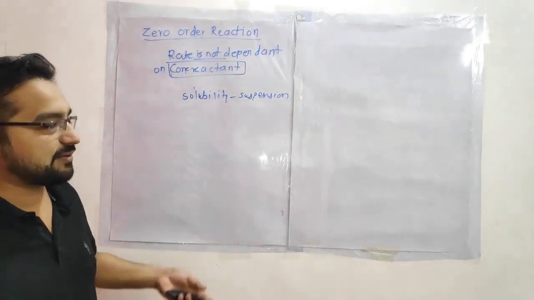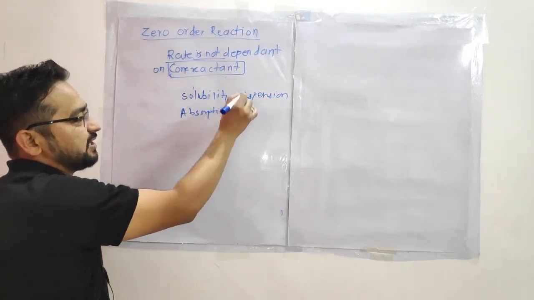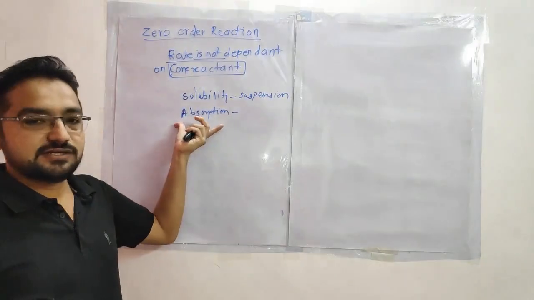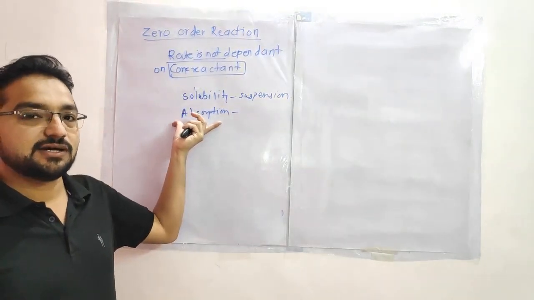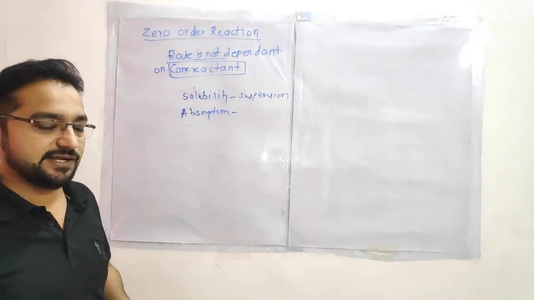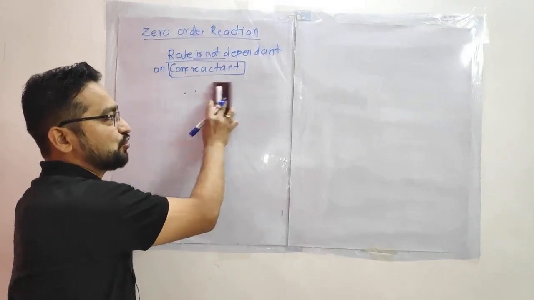The second is absorption of light, that is, photochemical degradation. Certain compounds absorb light, and because of this light the drug is degrading. These are the possible rate limiting steps for zero order kinetics.